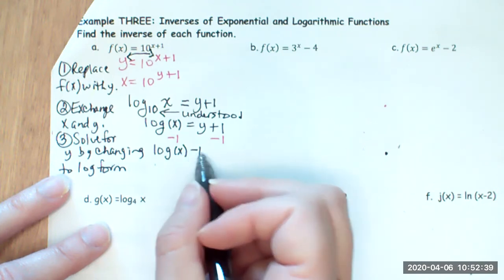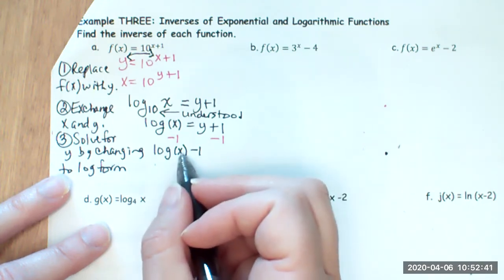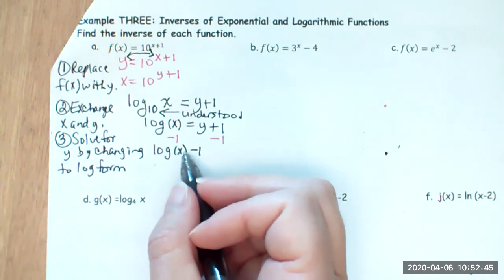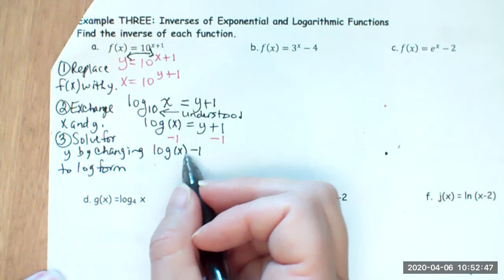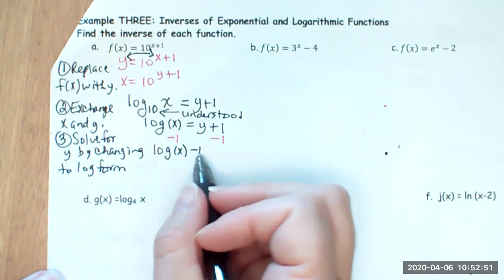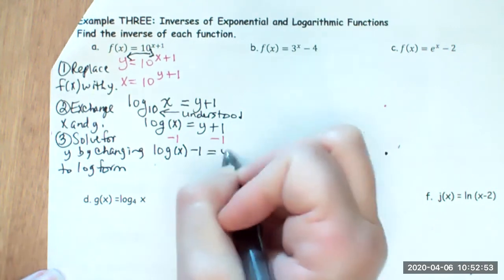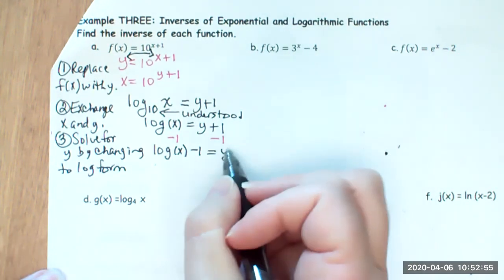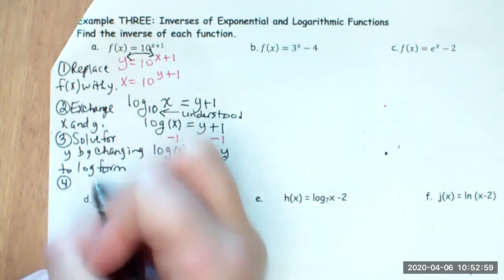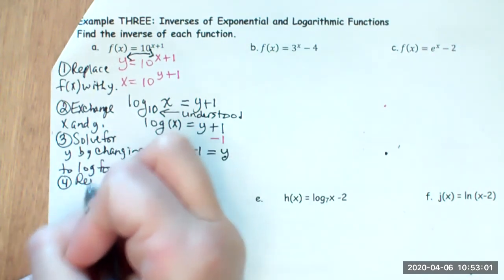If that minus 1 was inside parentheses, it would be the h value. So it's important to put those parentheses around that x so that you can distinguish what is the argument of the log and what is not. Okay? And so we'll say equals y. And now, in the last step here, I'm going to replace y with f inverse of x.